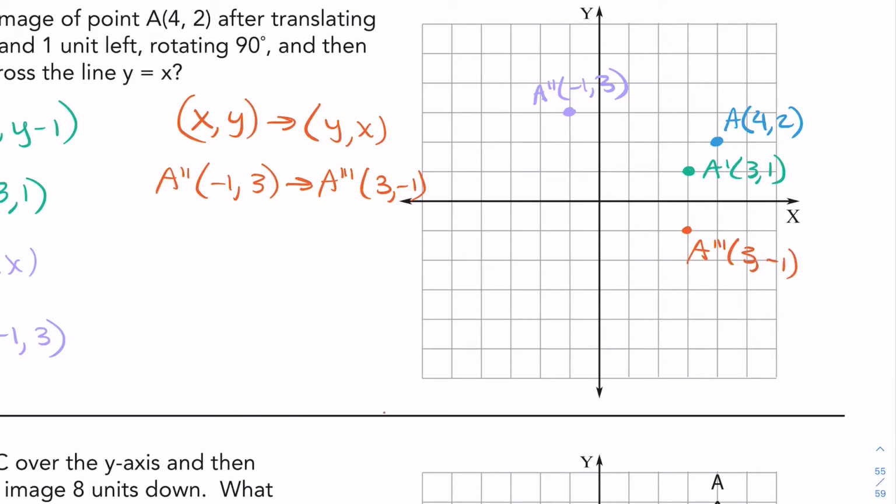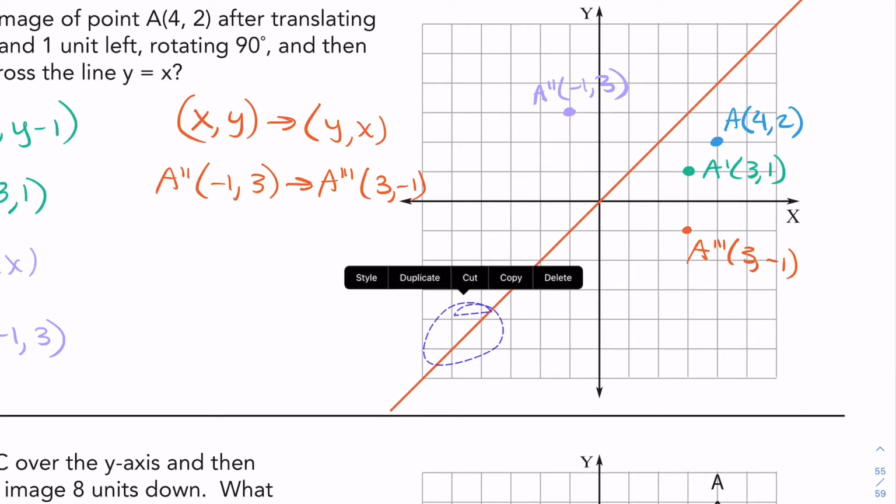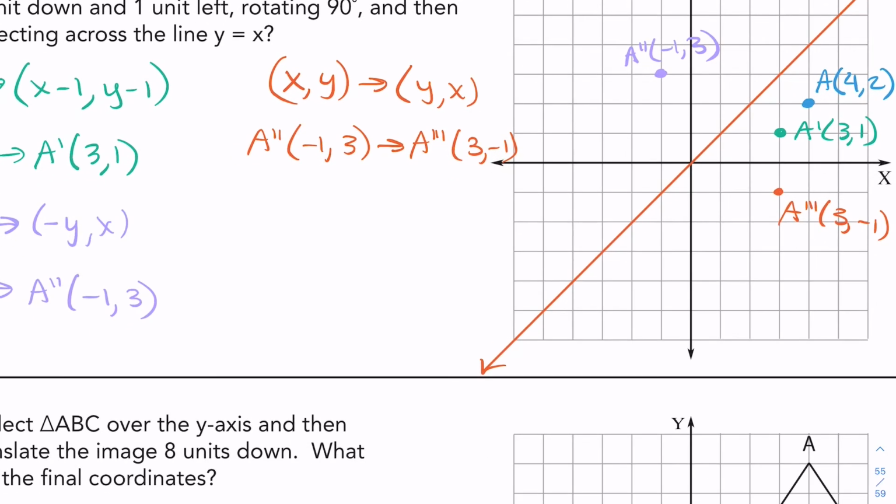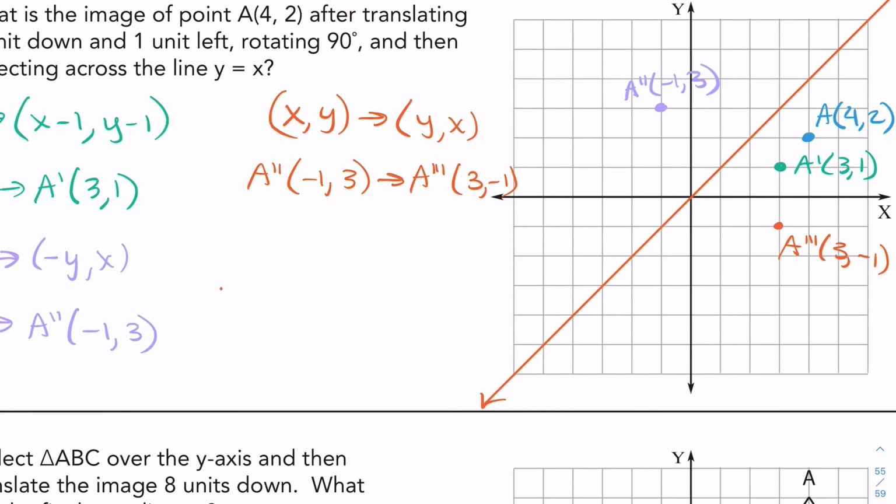And that is because of this line. Reflection across this line, y equals x. So the answer is A triple prime is 3 comma negative 1.